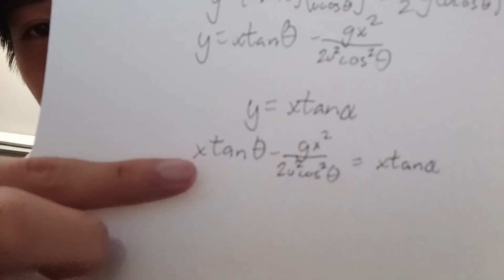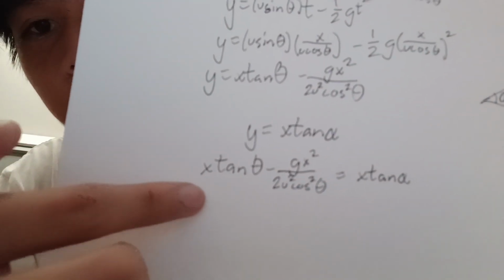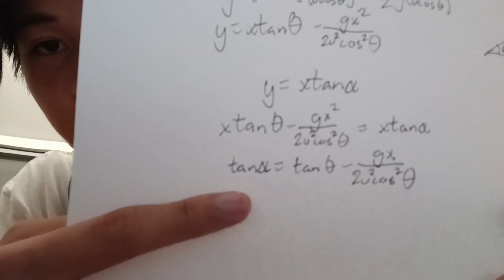And then we want to get x on its own side, and so we divide both sides by x. And now that x is on one side, we just solve for x.